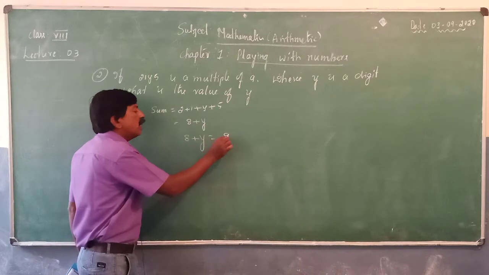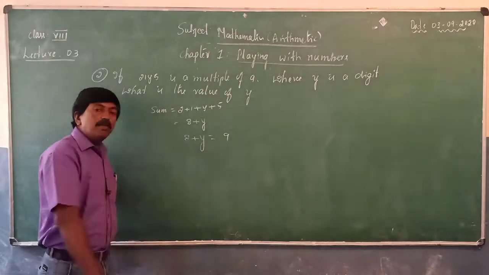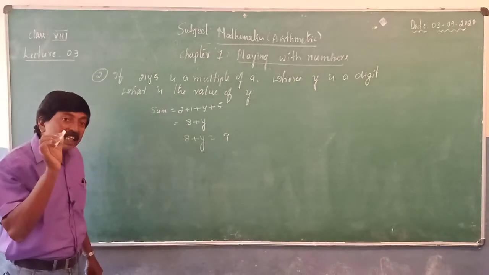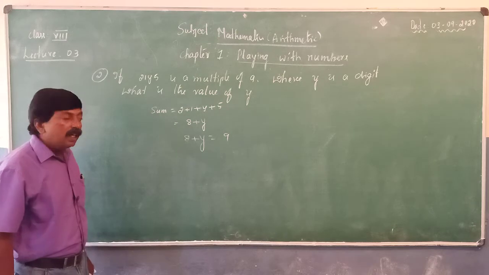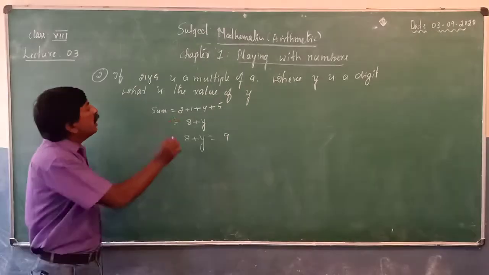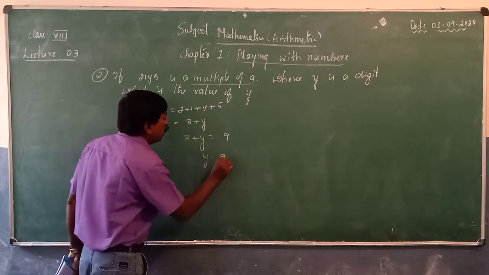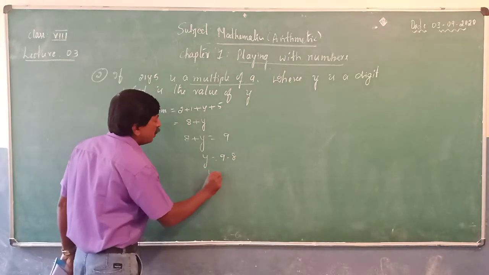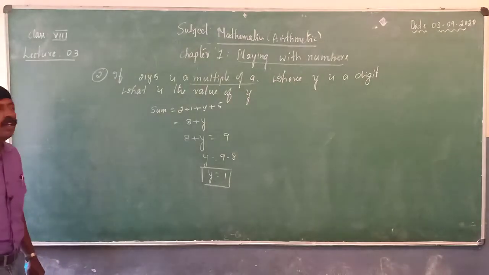The right-hand side is always greater than this numeral sum. That is very important. So we have taken 9, because it is a multiple of 9. Now y is equal to 9 minus 8. So y is equal to 1. Very easily we got the value of y.